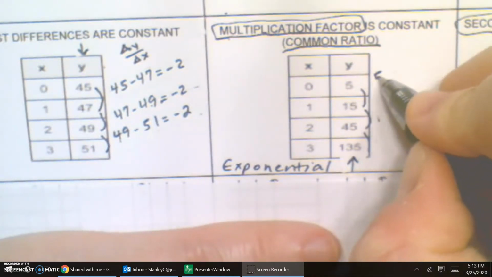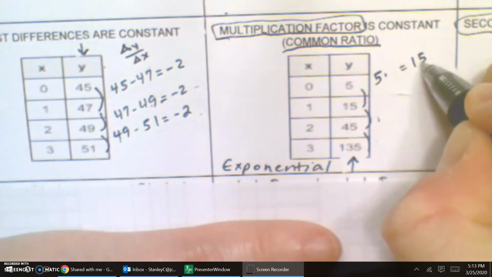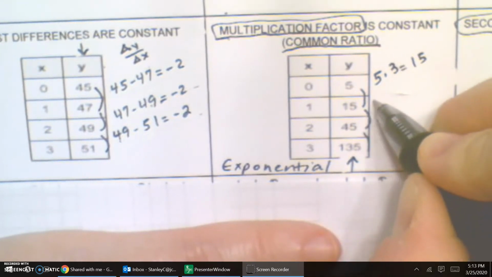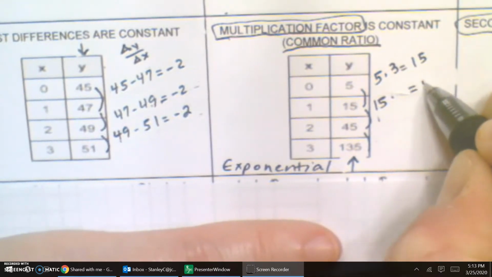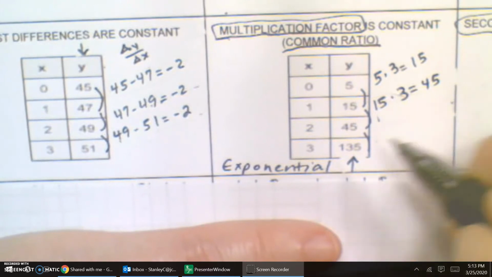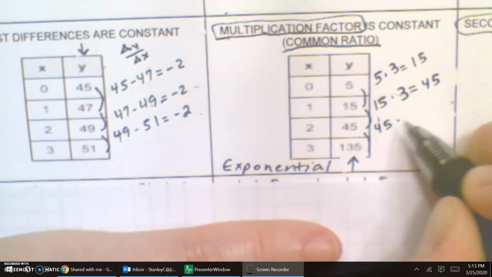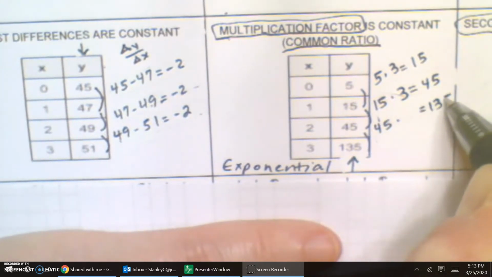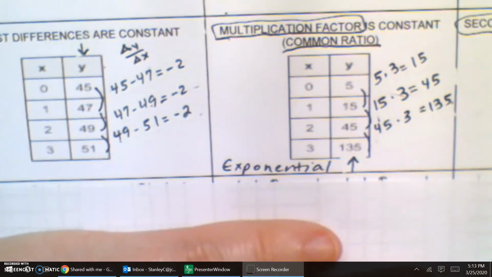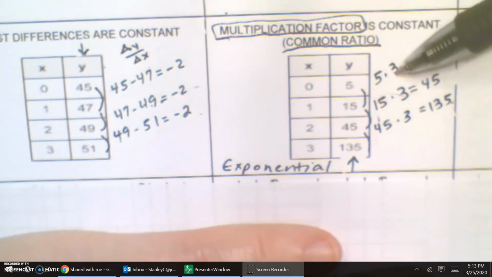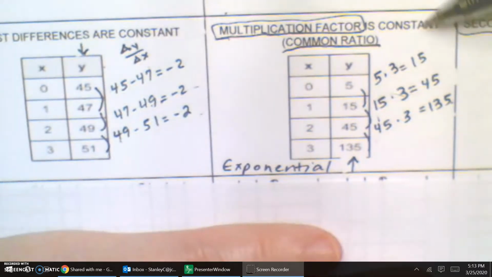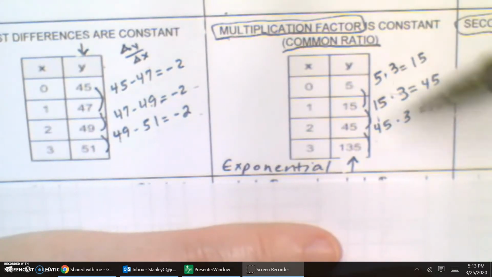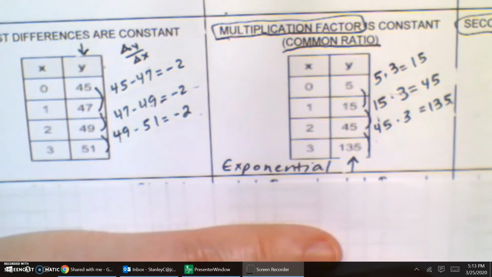So 5 times what gives us 15? 3. 15 times what would give us 45? 3. And 45 times what would give us 135? 3. So we want the multiplication factor, what we multiply by, or that common ratio, to be a constant value, 3. This represents exponential.